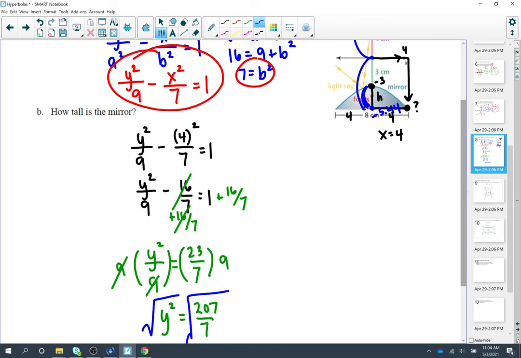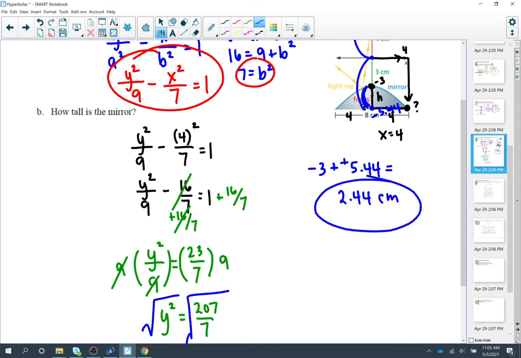So I'm going to take -3 minus -5.44 to really see the difference there. Those are going to become positive. We're going to get 2.44 centimeters. So the height of the mirror is 2.44 centimeters.